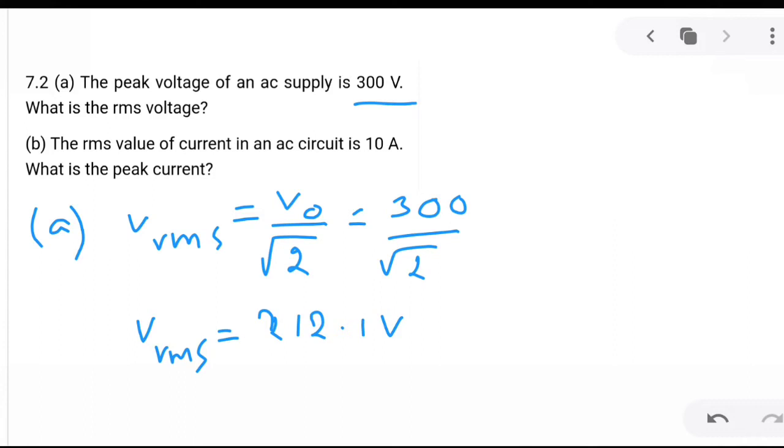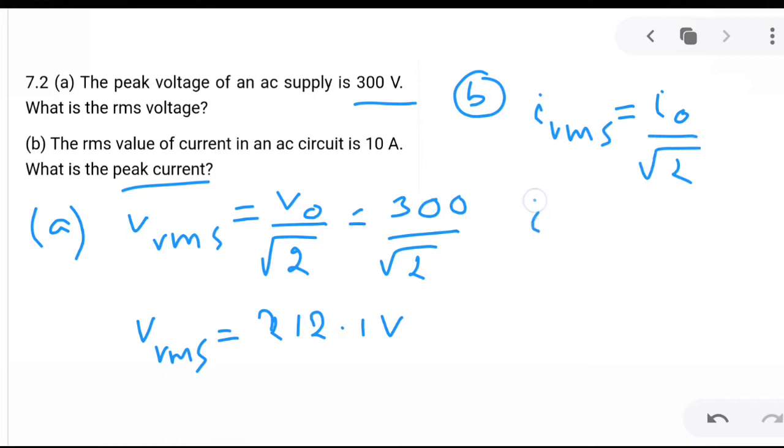Next, part B: the RMS value of current in a circuit is 10 ampere. What is the peak current? IRMS is equal to peak current I naught divided by root 2. So I naught is equal to root 2 times IRMS.